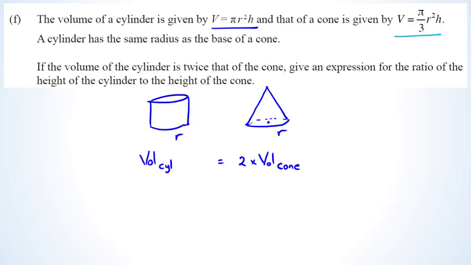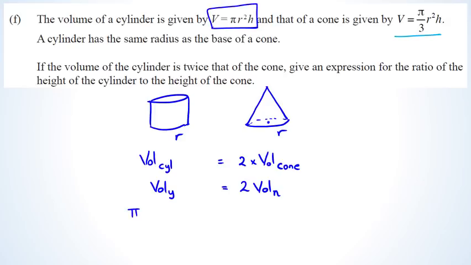Just for this particular question, I'm going to write down the volume of the cylinder as volume Y, and the volume of the cone as a different letter, maybe N. All right, so the volume of the cylinder is pi r squared h, which is shown here.